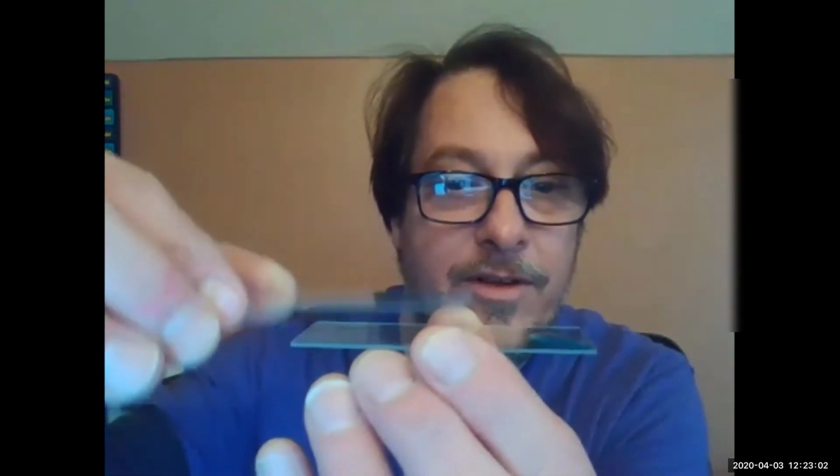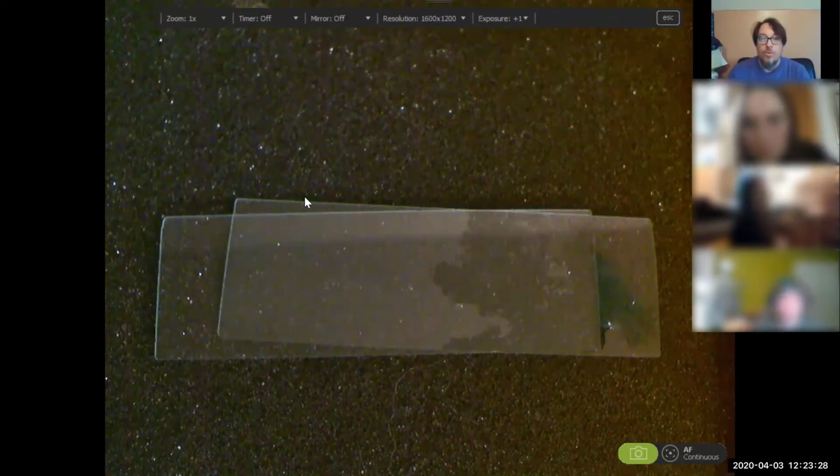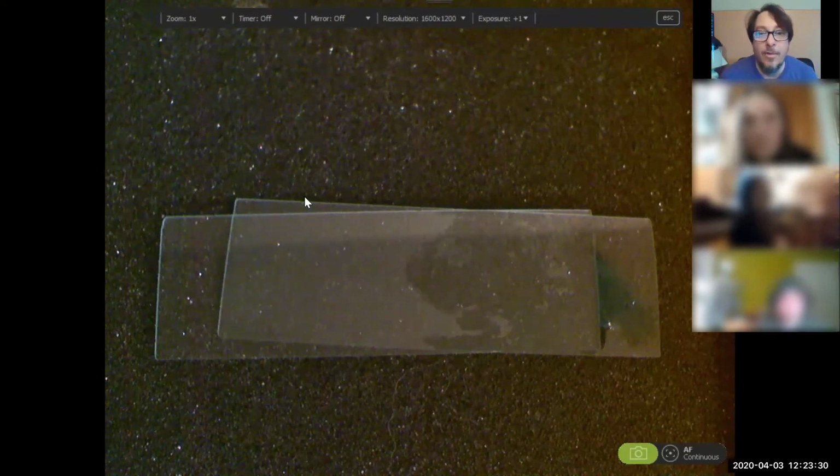Anyway, so here's what I have. I have 2 slides, one on top of the other. I push the top slide forward until it touches the water. You see what's happening there? What is happening to the water?